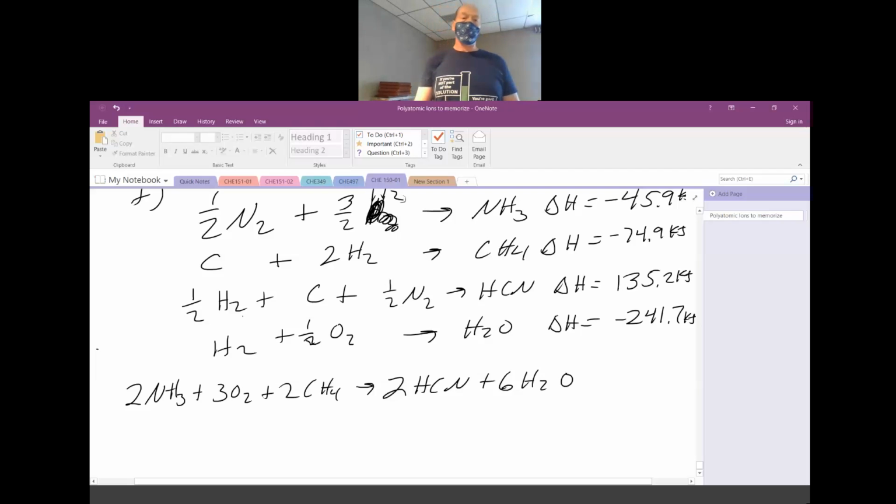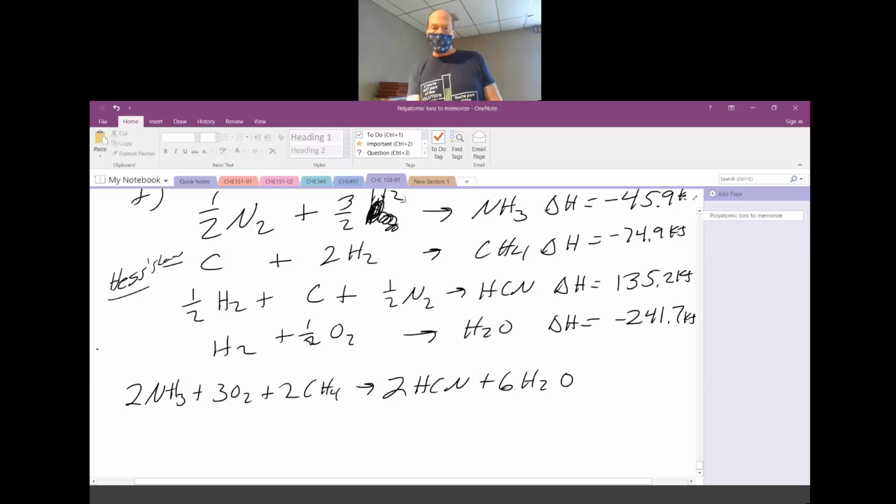This is a Hess's law problem. We already did one by products minus reactants. There are going to be some on the test where you have to do products minus reactants, and others where you're going to have to use Hess's law.